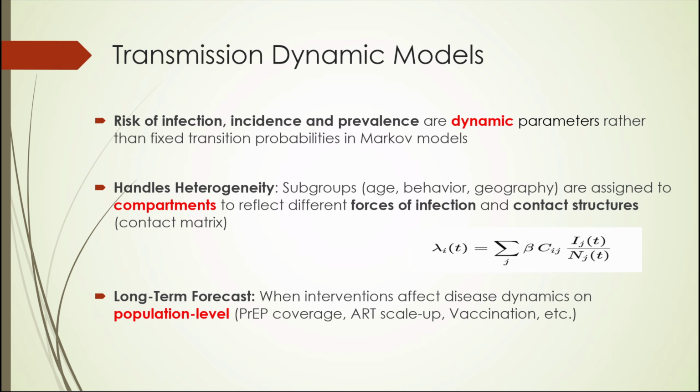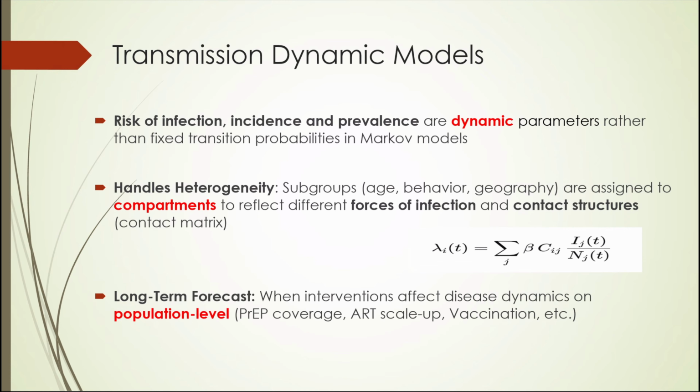For instance, we are able to divide the population into subgroups based on their age, their behavior pattern, and their geographic place of living, because these subgroups have different risks for infection, and there are different forces of infection and contact structures.